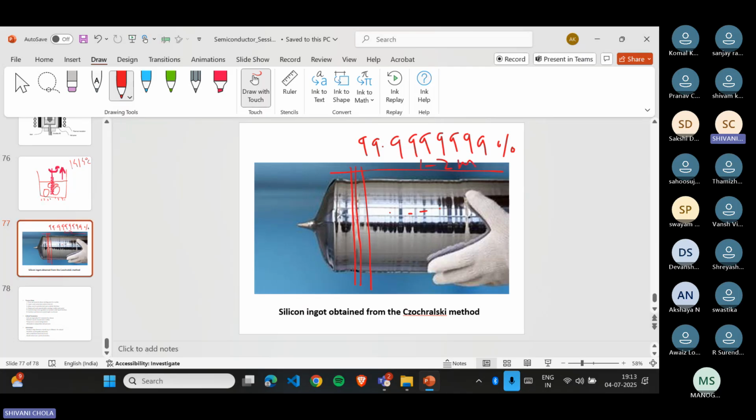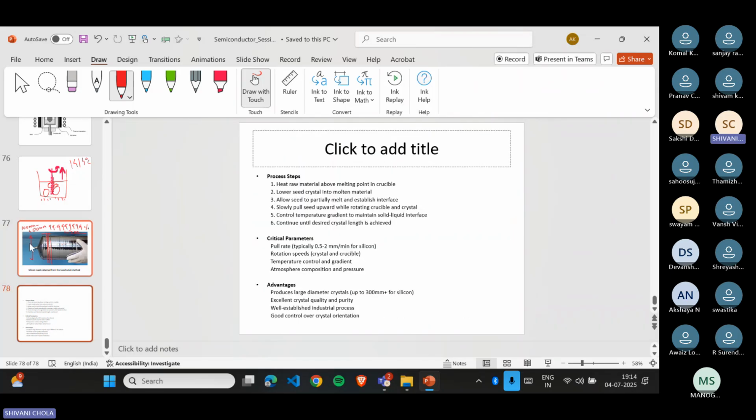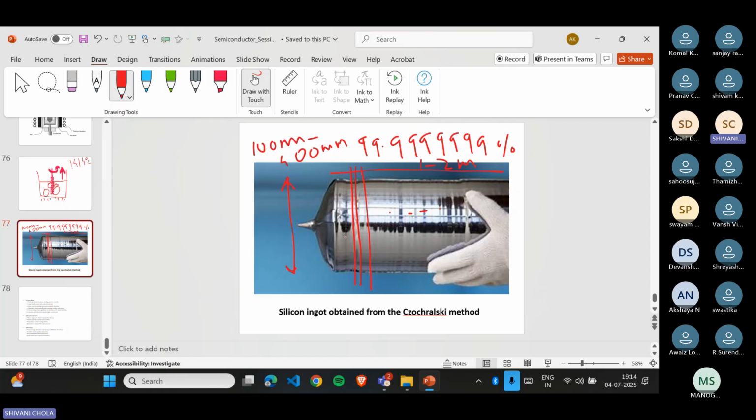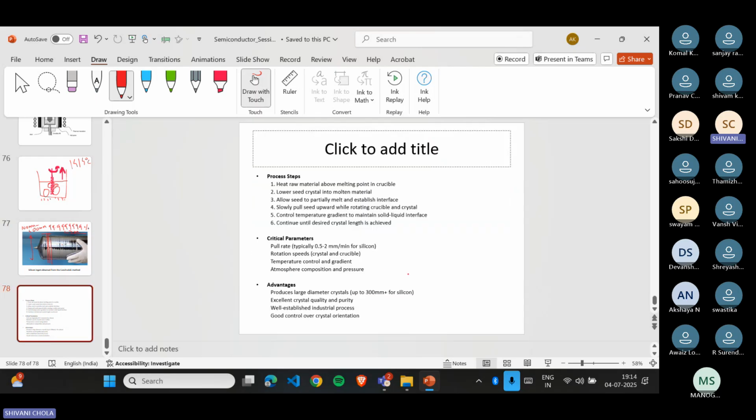All right. And the diameter of this silicon ingot is in between 100 millimeters to 400 millimeters. Okay. And now you cut this into small parts, and this is sent further for the manufacturing of chips and so on. Okay, so this was all about the Czochralski process.